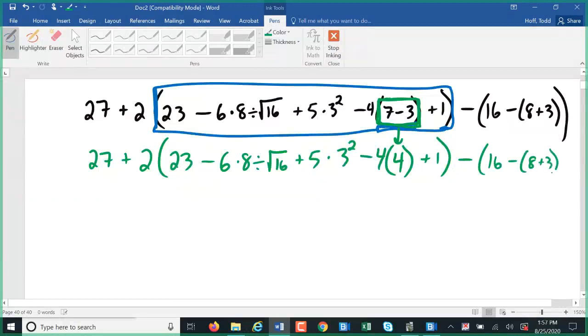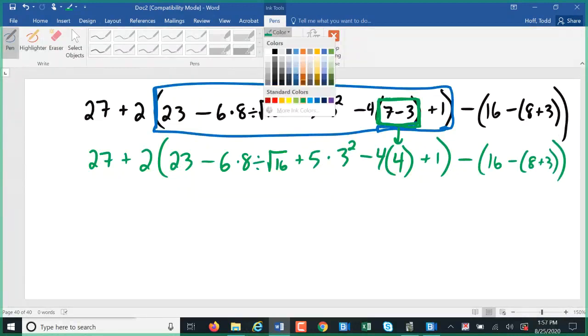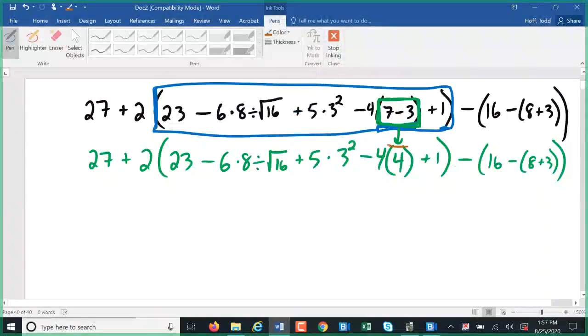Now, this parentheses here that we had is down to just being a single number, so we don't need that parentheses anymore. But when we take it out, we see there's a 4 in front of it. That's got to be multiplication put in there.